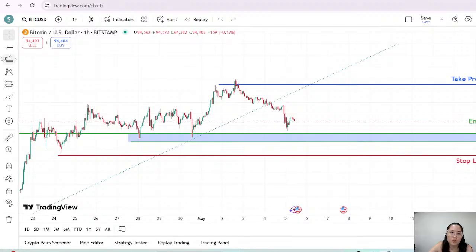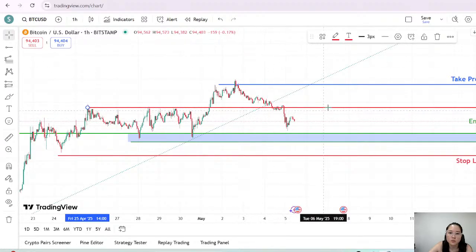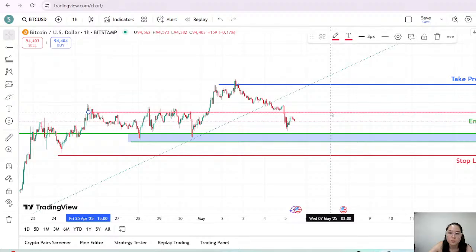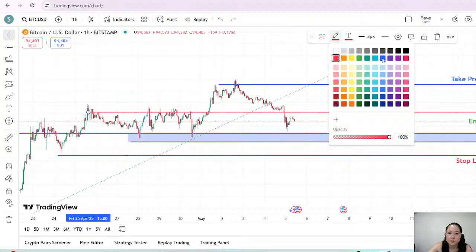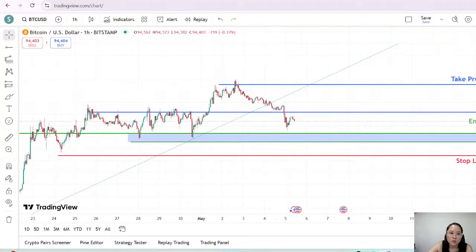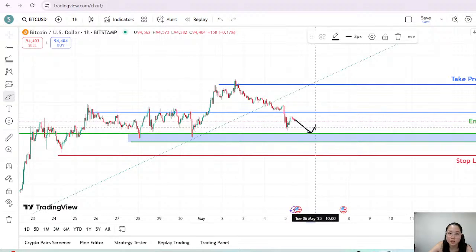now that I've come down to the small time frame, I actually see a closer take profit, which is here. So this take profit will be if price comes here, ideally I want it to bounce. Obviously, price doesn't always do what we want it to do.